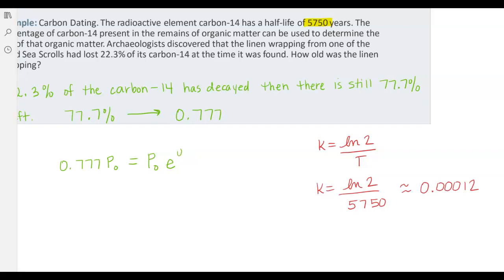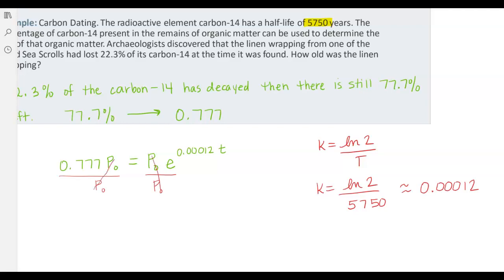I can put 0.00012 times T. If I divide both sides of this by P naught, the amount of carbon in the linen originally, this is going to cancel, right?